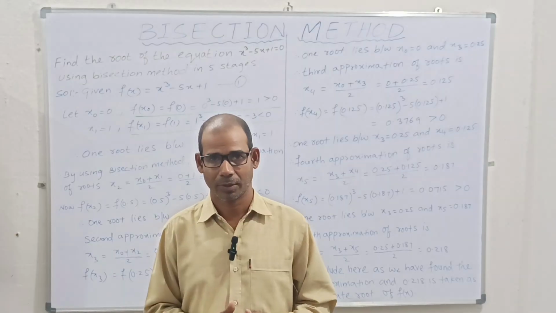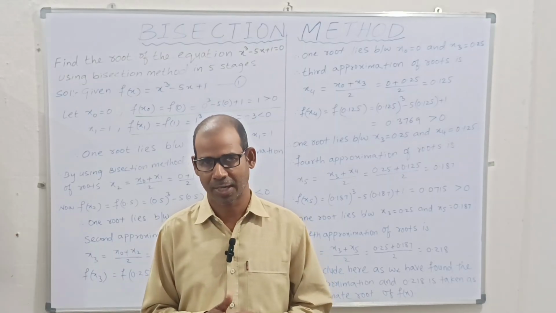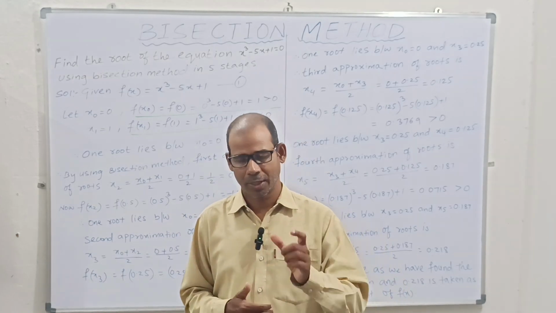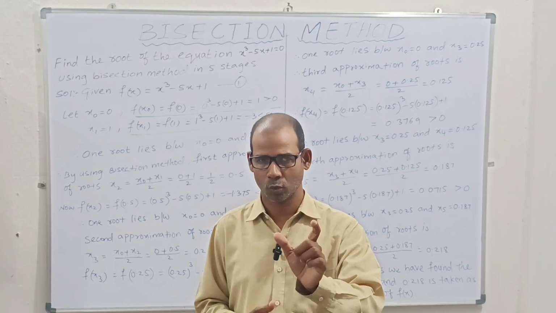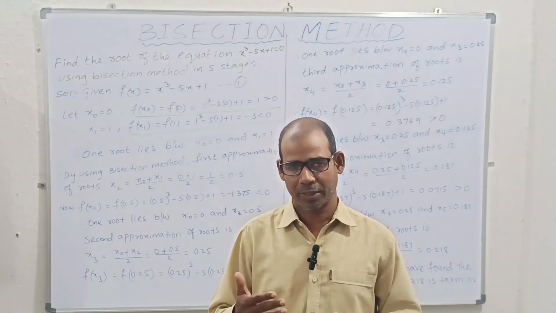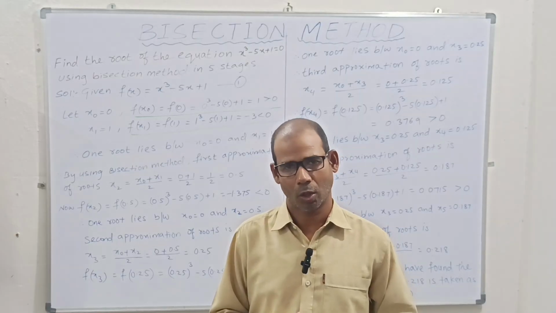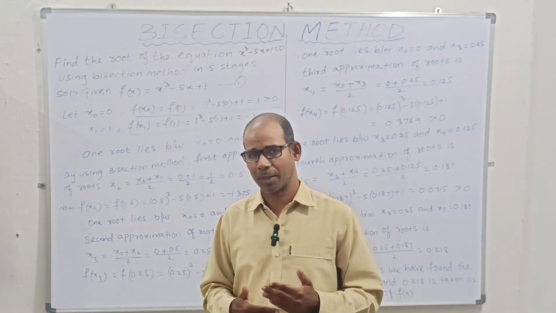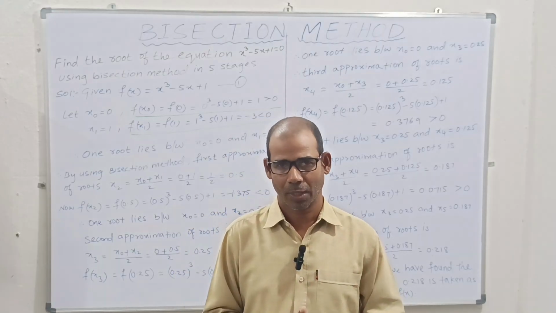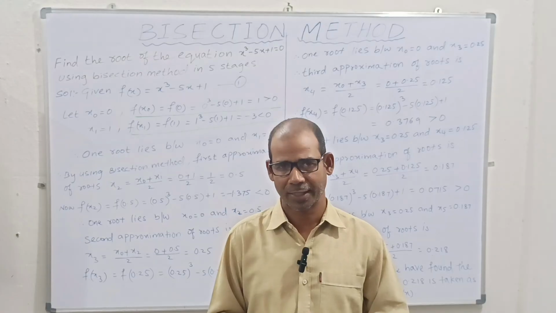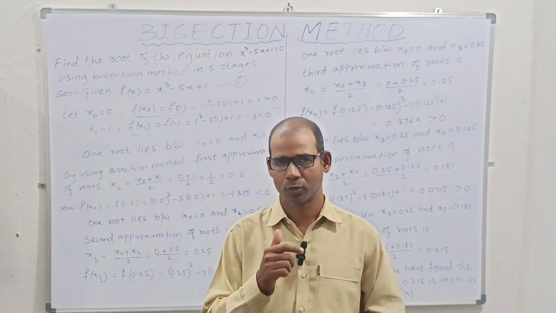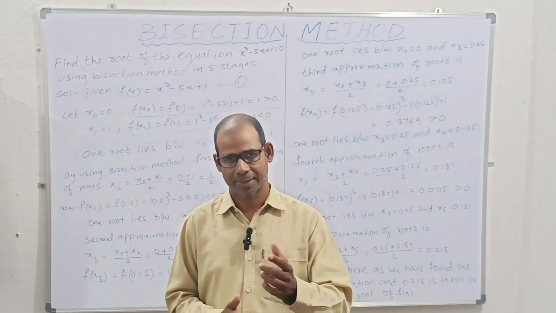What does it mean if the function values are of opposite signs at two points a and b? It tells us that the root lies between those two points. Is it clear? Once we know that the root lies between those two values, we find the point c by finding the average of a and b, and we also find the function value at c.